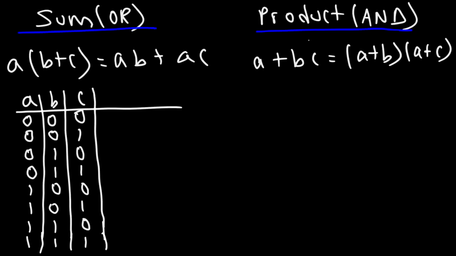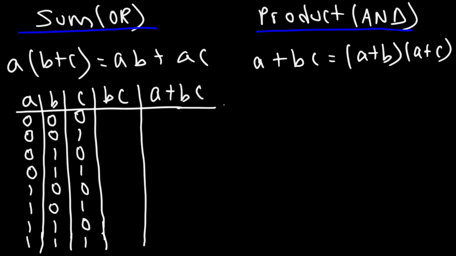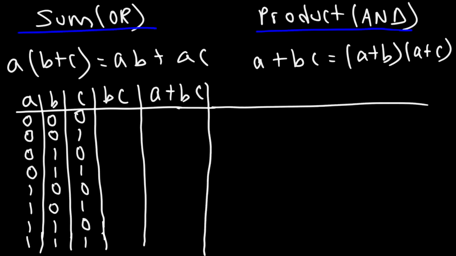Now, let's focus on the left side. So the next column that we need will be BC. And then it's going to be A plus BC. That line is not straight. Now, something else that I want to write, which I'm going to have to delete soon, so you may want to write this down.